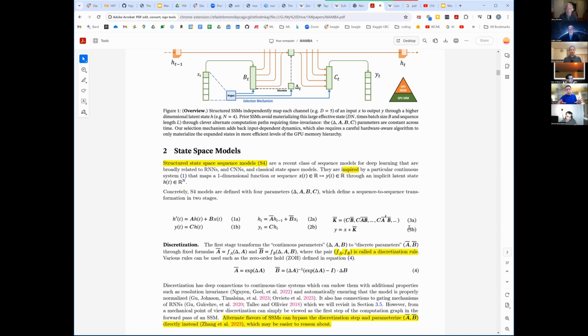So discretization very much is, I think of it as integration. When I was talking about it in previous weeks, I tried to say you have equation 1a, and that's continuous, and you want to know every 30th of a second how much is my hidden state H going to change?